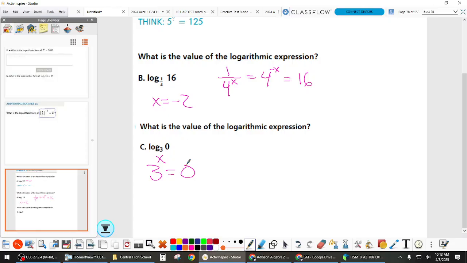Let's do a negative number. Is there a way to put an exponent on a number and make 0? There's no way, right? There's no way to make 0 by putting an exponent.